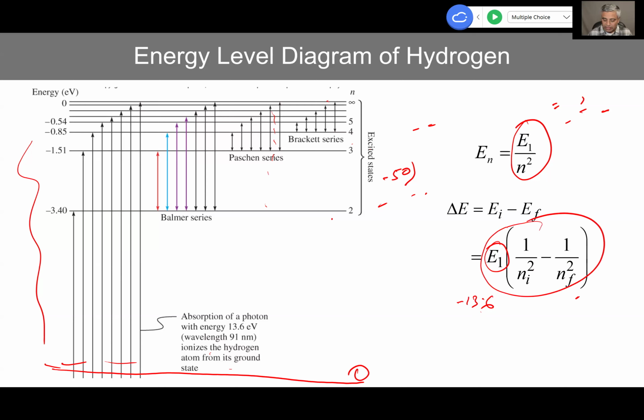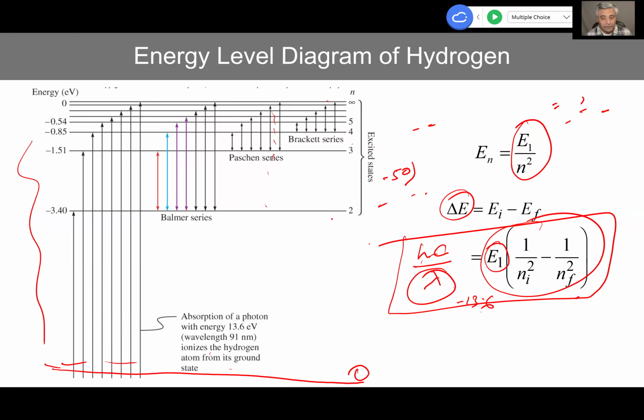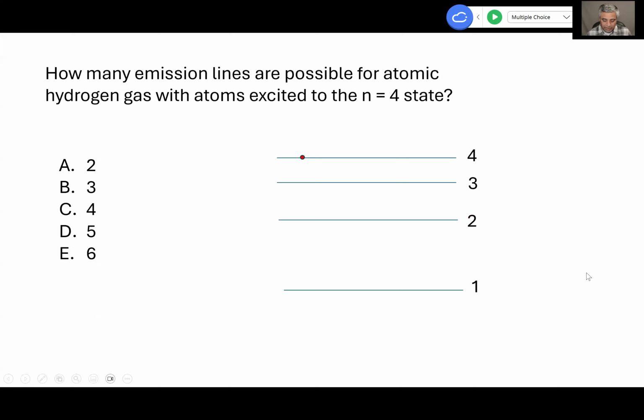This equation is similar to hf equals hc over lambda, so now you can calculate the wavelength. It is also similar to that empirical equation first written by Rydberg. So basically, now Bohr has the explanation of all those line spectra.